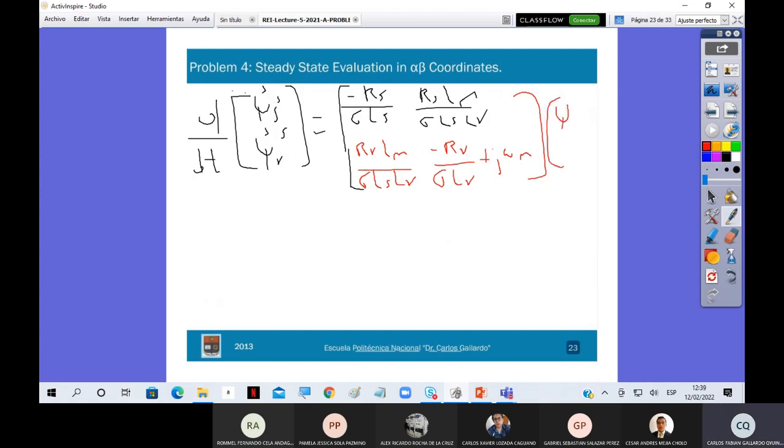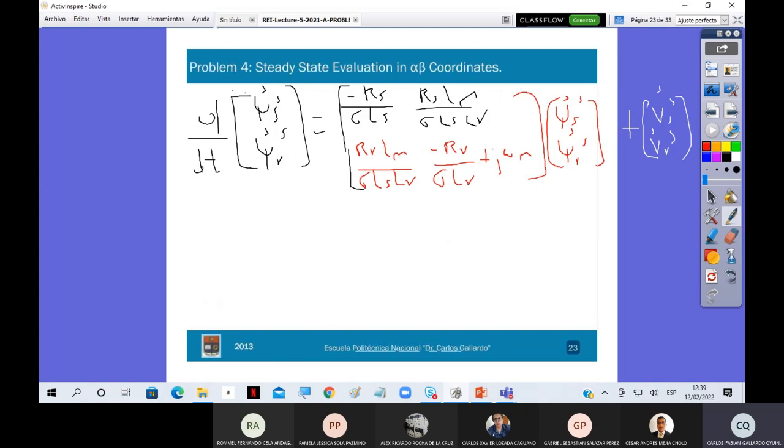This is the steady state representation, multiplying the stator flux space vector and the rotor flux space vector, plus the stator voltage space vector and the rotor voltage space vector.